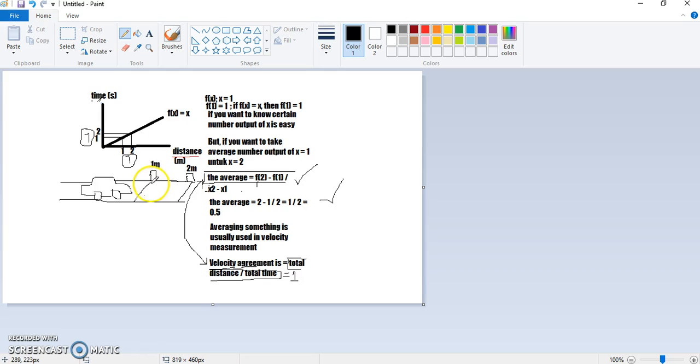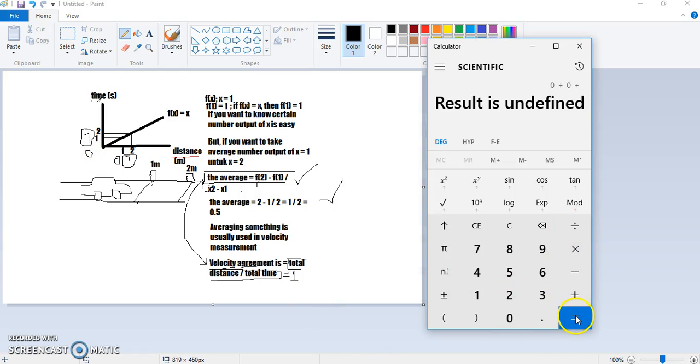But the problem arises when you want to measure the instantaneous velocity. It's a fancy word to say that you want to measure the true speed at the very 1 meter. So 1 meter minus 1 meter is 0, and the time difference is 0 also, and 0 divided by 0 is undefined.